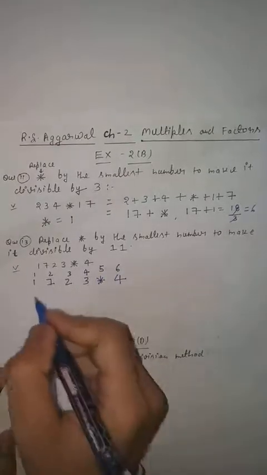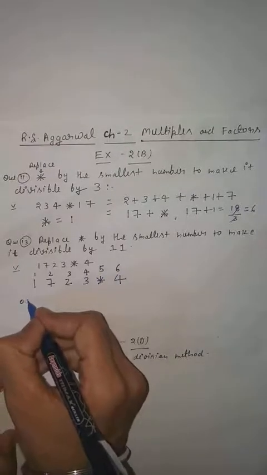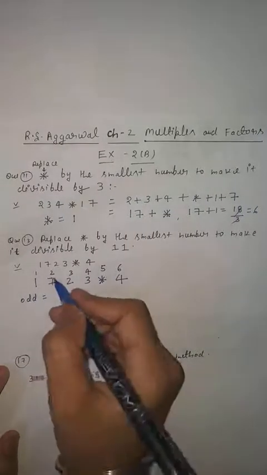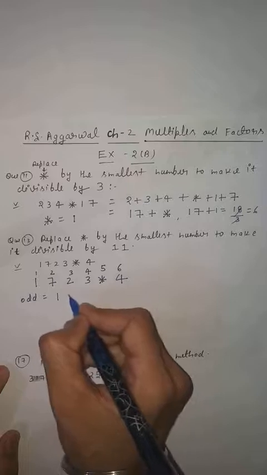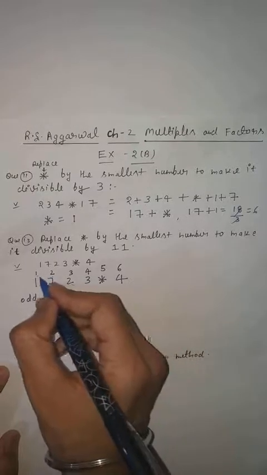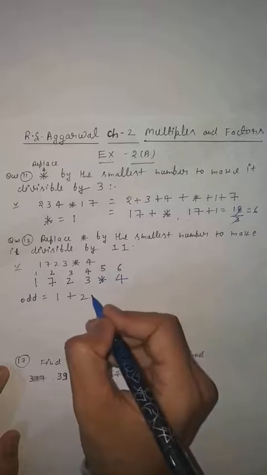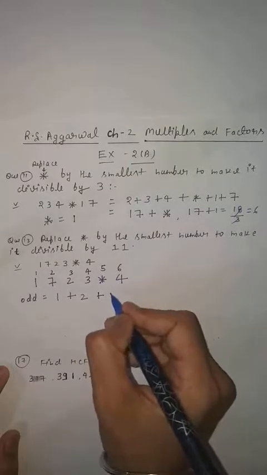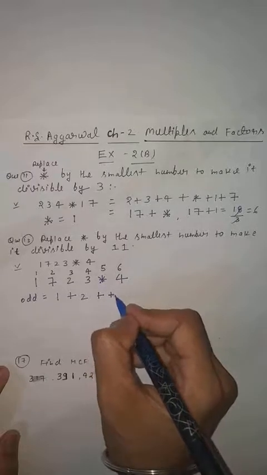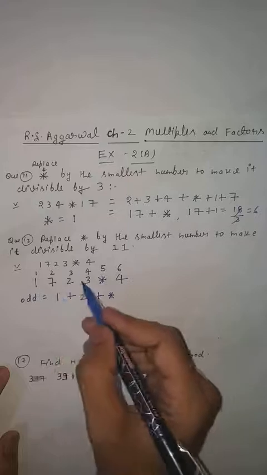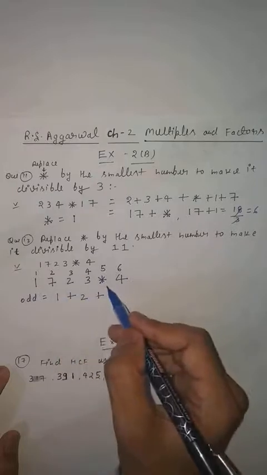Now the sum of the digits on odd places: 1 plus 2 plus star. Remember, 1 2 3 4 5 is only marking.